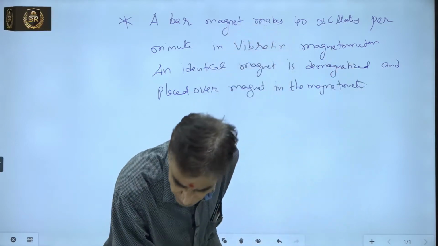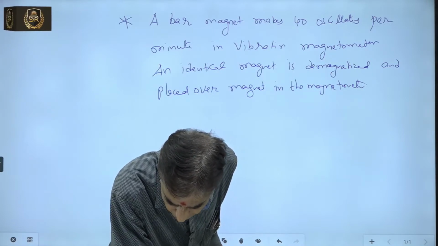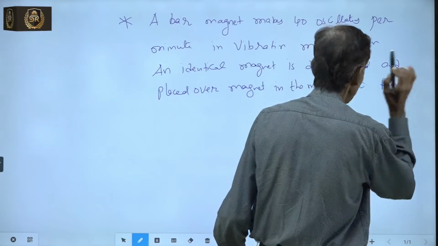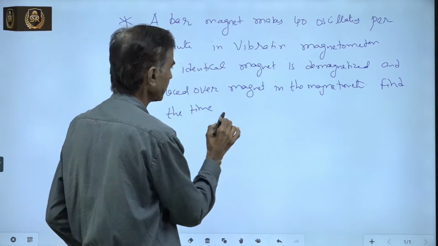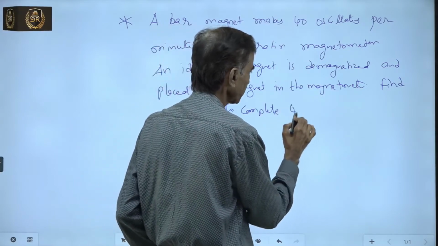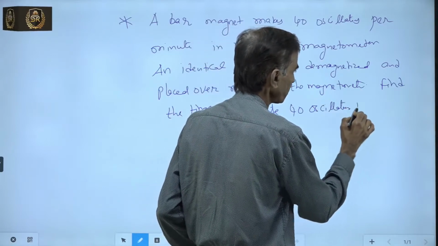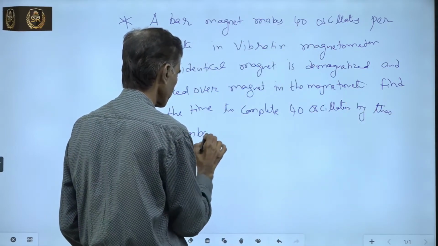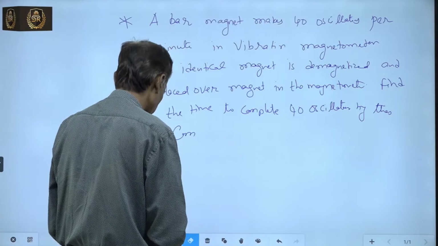Next, what do you want to find? Calculate the time taken for 40 oscillations by this combination.